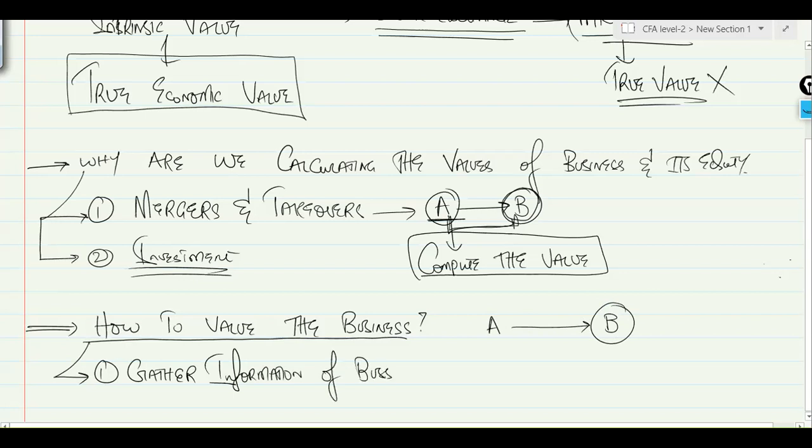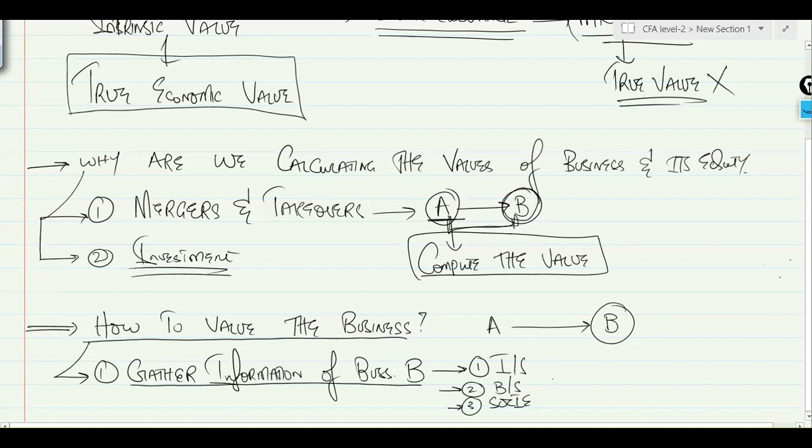What is the prime information that you can gather? Obviously, the financial information, such as income statement, such as the balance sheet, and other financial statements such as SOCI and other financial statements.